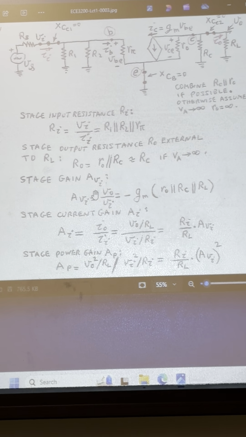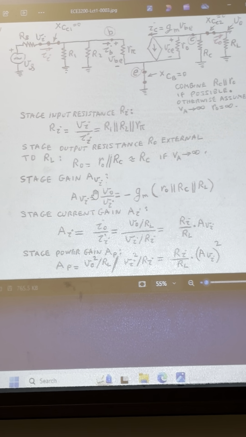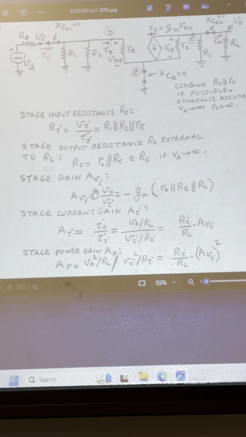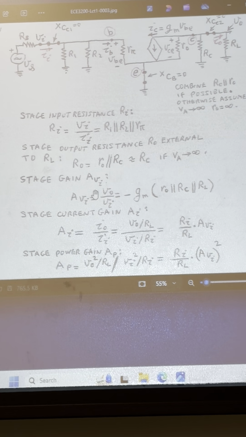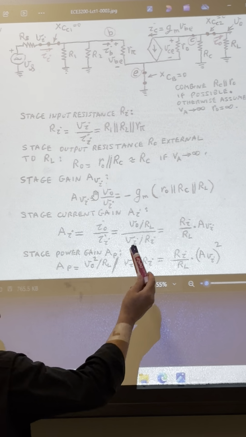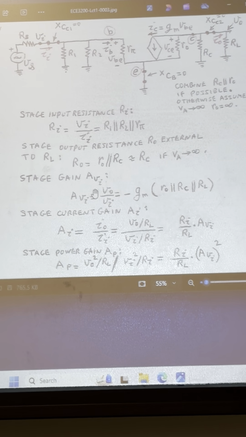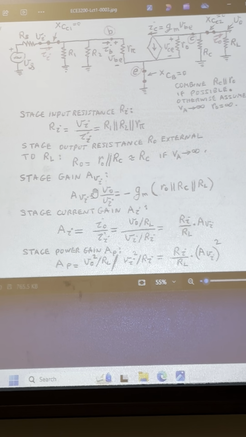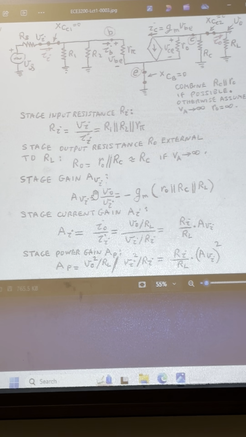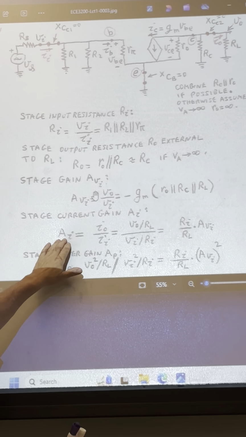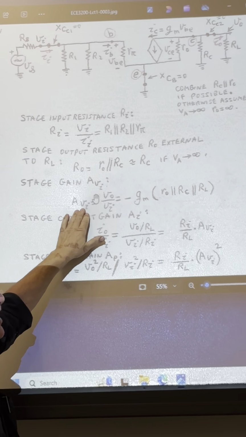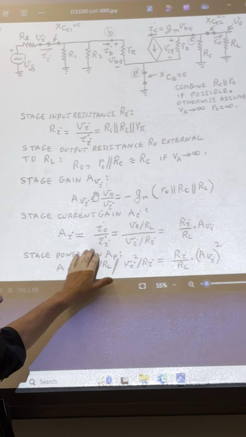Yes, sir? Is that equation specifically just for that type of amplifier? Works for everything. It's just a general equation. Here, if you take this quantity, AI, and multiply by AV, it will come up to be this equation.